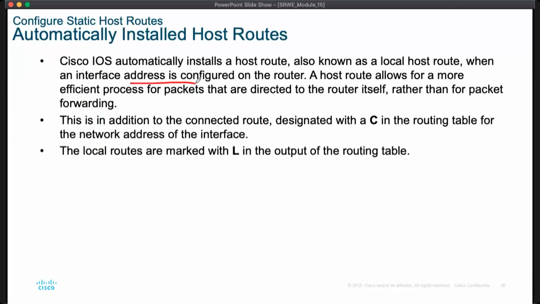A host route allows for a more efficient process for packets that are directed to the router itself rather than for packet forwarding. This is in addition to the connected route, designated with a C in the routing table, for the network address on the interface. The local routes are marked with a capital L in the output of the routing table.